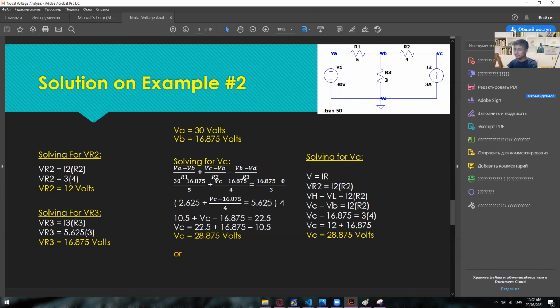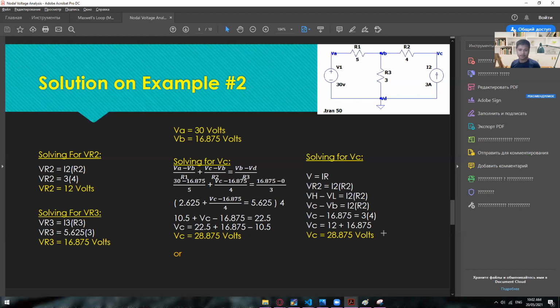So yeah, that's it for this example number 2. I hope you guys were able to follow on how we solved the VC. So we have two ways for that. Okay. So let me just ask you guys, are you able to follow?